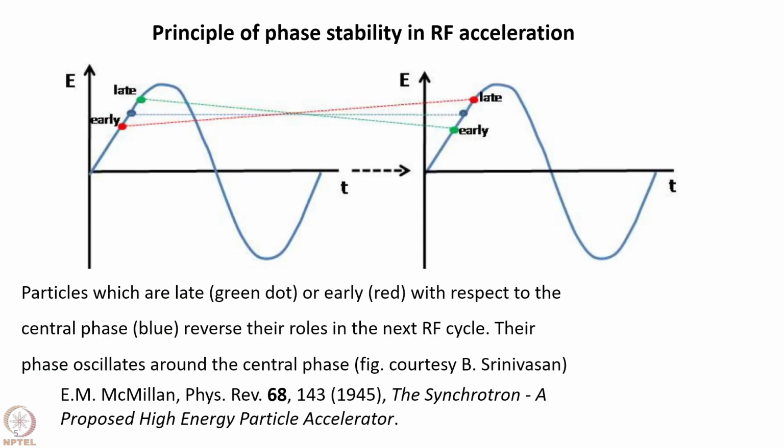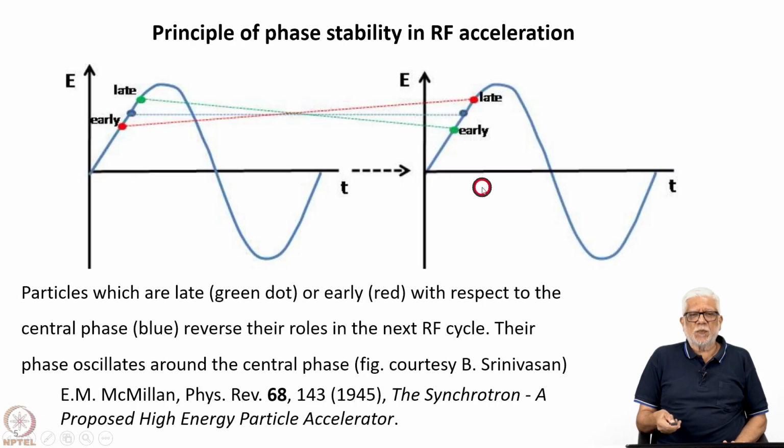There is an important aspect which is discussed by Macmillan in his PhysRev paper, which talks about the synchrotron, namely the question of phase stability. So if you are on the accelerating part of the RF cycle and you take a reference defined by, let's say, the blue dot here. By the way, this figure is taken from the PhD thesis of Dr. B. Srinivasan.